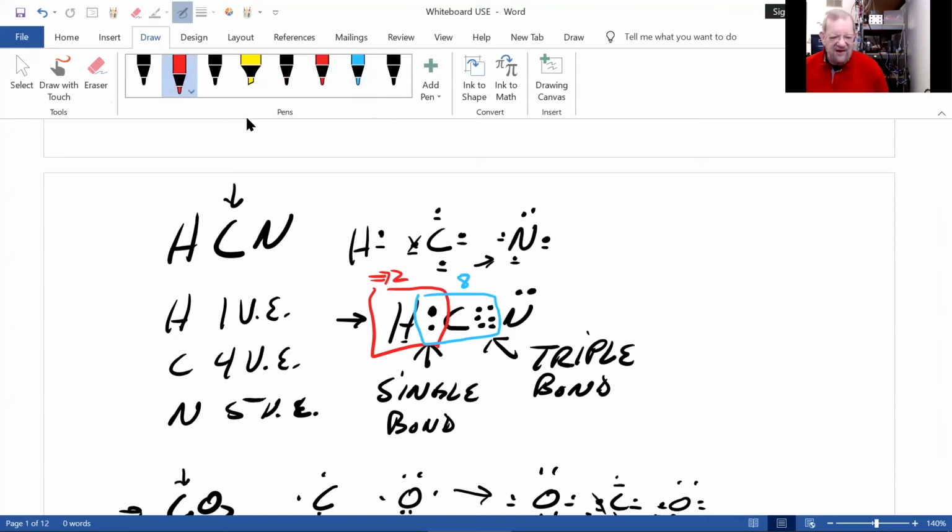Now let's look at nitrogen: how many shared and unshared electrons? 2, 4, 6, 8. It has 8. So everybody's happy, because hydrogen has its octet of 2, carbon has its octet of 8, and nitrogen too. So that's always a way you can check, did you do it correctly?